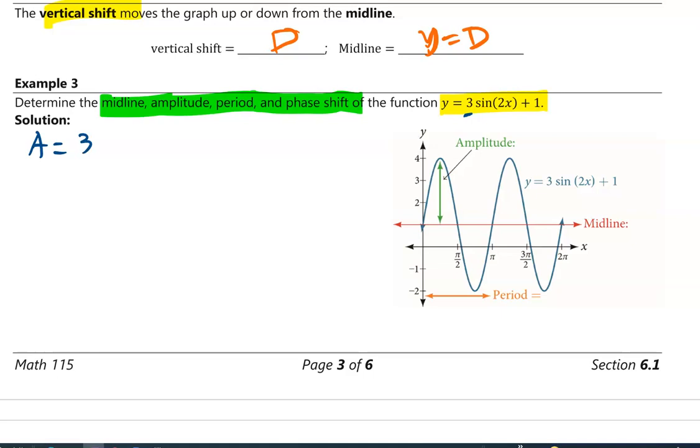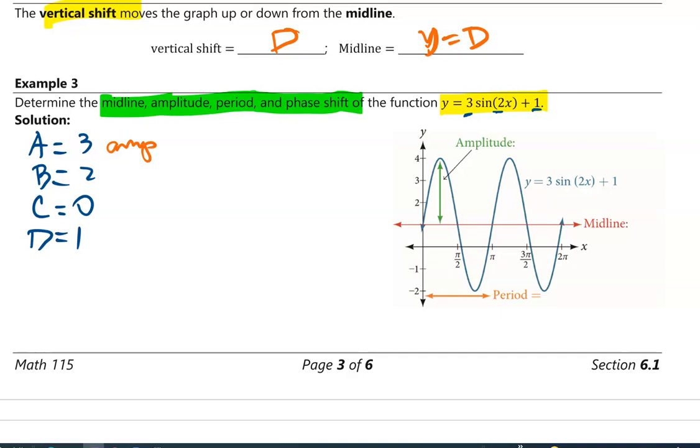The next, B, is equal to 2. C is 0. And D is equal to 1. So again, this is the amplitude.